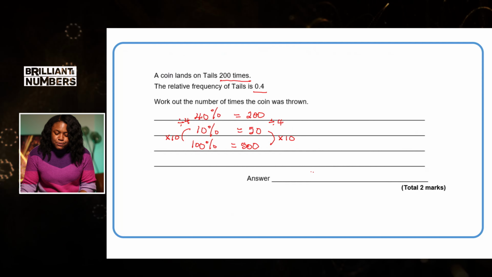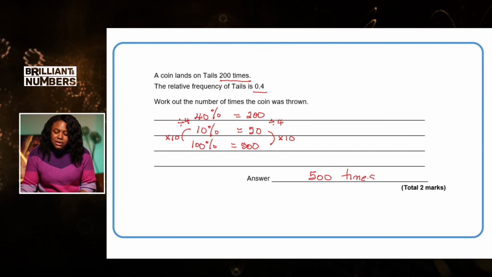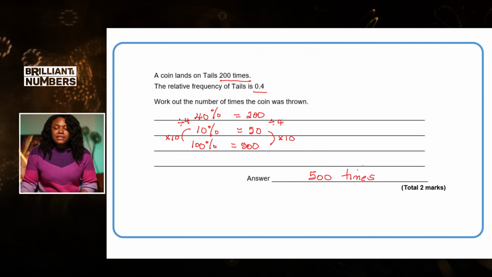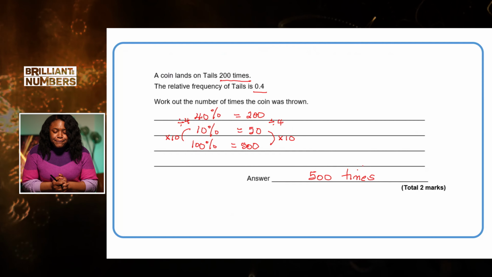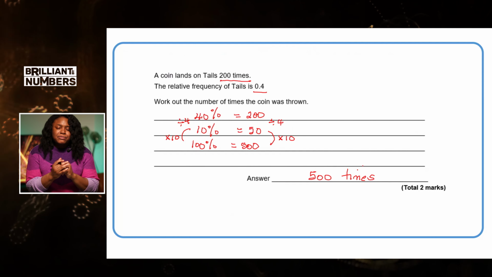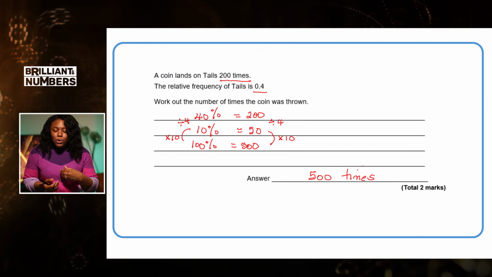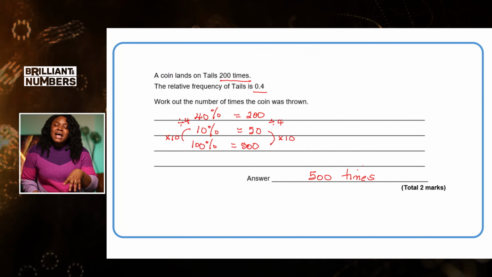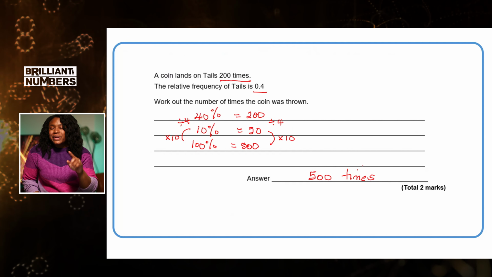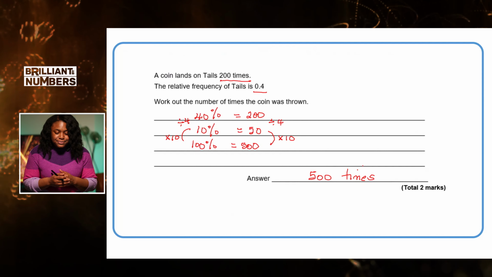So therefore it was 500 times that this coin was thrown. So you can see the clear logical steps there. Always try to find a basic rate that you can work with, in this case a basic percentage. So we know we could go from 40 to 10 and then we could make a connection with 10 and the total, which is 100%.